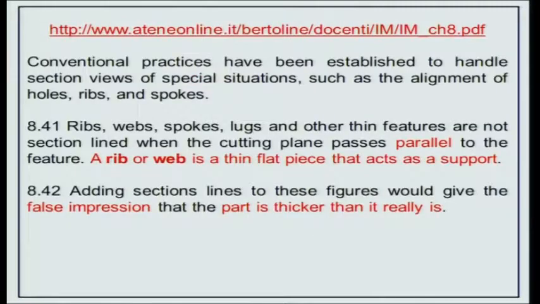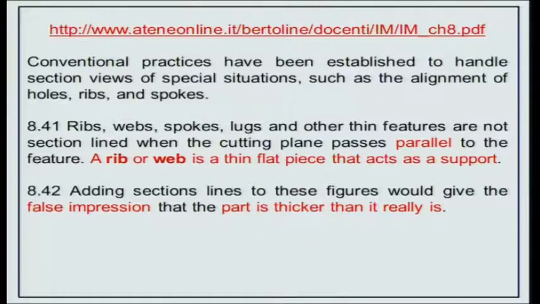Okay. Another source, conventional practices have been established to handle section views, which is what I was talking about. Conventional practices have been established to handle section views of special situations such as the alignment of holes, ribs, and spokes. They have described these conventions in 4 parts. 8.4.1, ribs, webs, spokes, lugs, and other thin features are not section lined when the cutting plane passes parallel to the feature. Again, something very similar.